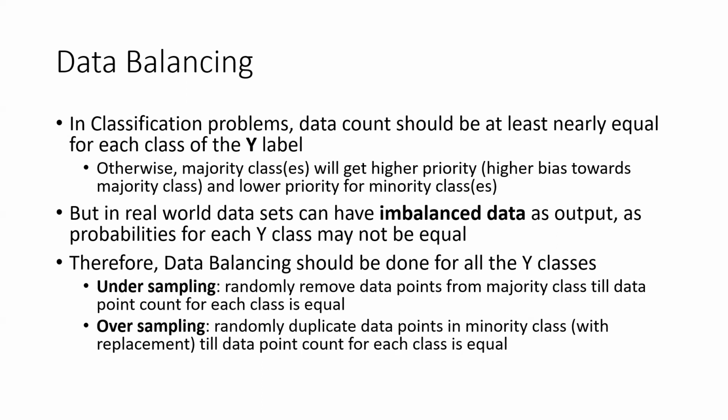With undersampling, you reduce the high frequency majority class. With oversampling, we duplicate the minority class with replacement. We have learned about the with replacement technique in the bootstrap example, right? That is what we are going to do.